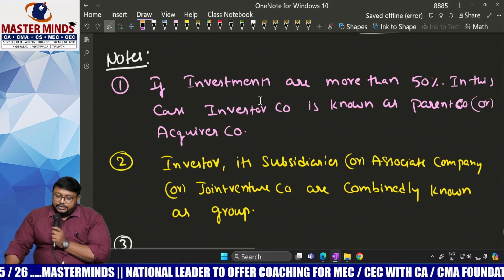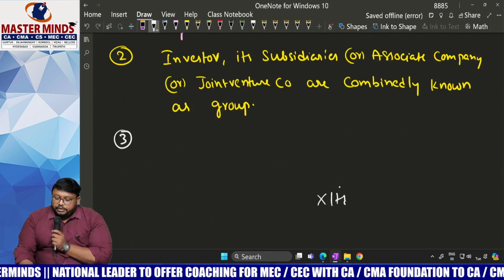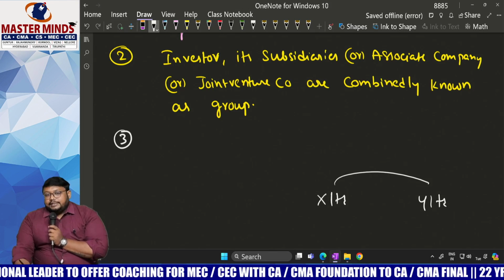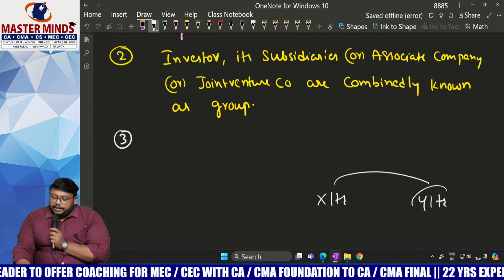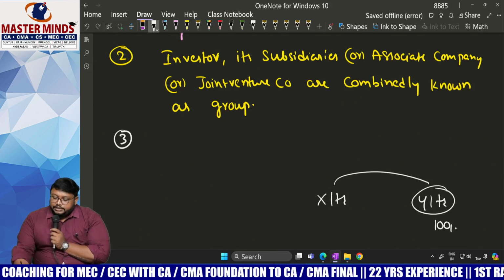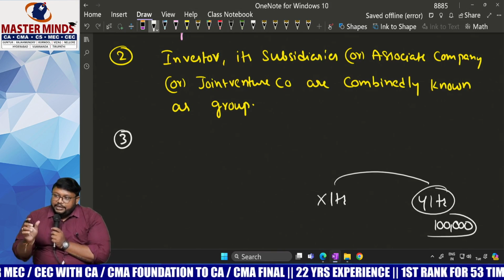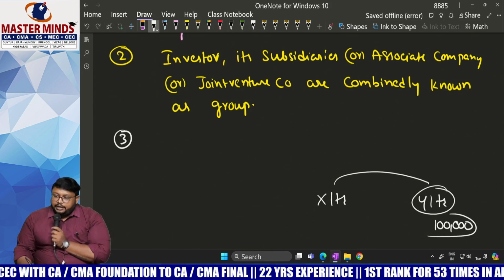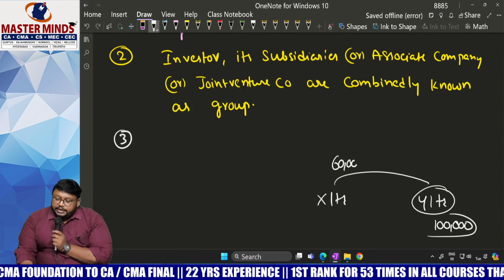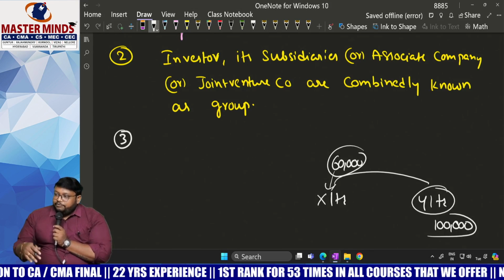So look here. Say X Limited is a company, and X Limited purchased equity shares of Y Limited. Simple example. Y Limited has 1 lakh equity shares. I'm not talking about capital, only equity shares. Of these, more than 50%, which is 60,000 equity shares, are purchased by X Limited. In such a condition, we can say we are having more than 50% of stakes.